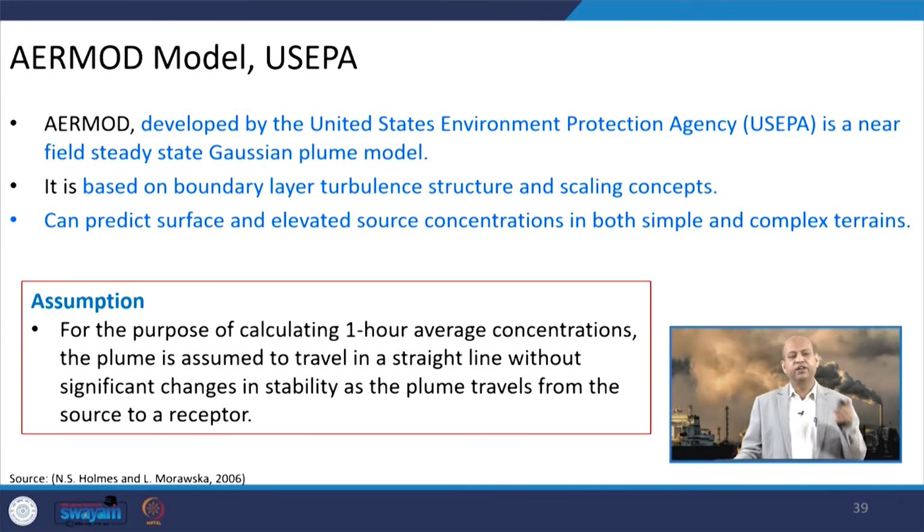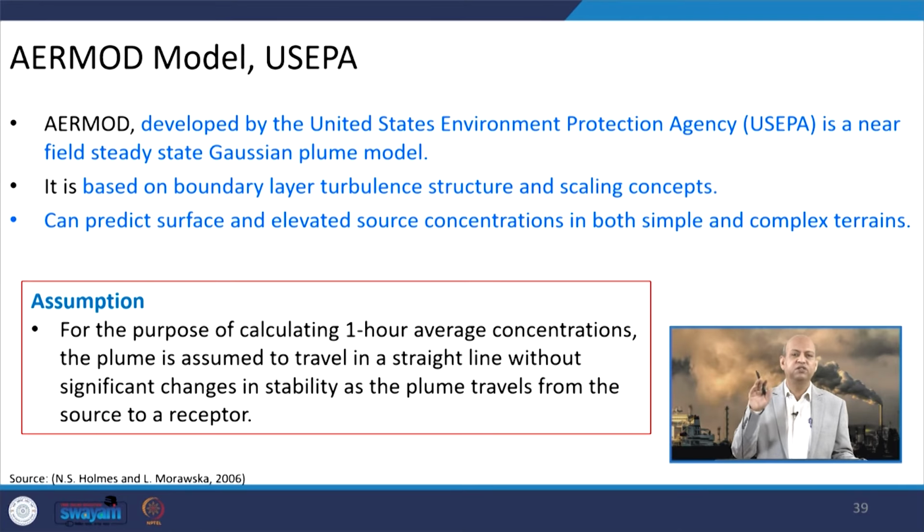Again, like Caline 4, it is also very popular in developing countries, and assumptions are there, like for the purpose of calculating 1 hour average concentrations, the plume is assumed to travel in a straight line, which may not be true because wind direction changes quite frequently, but we assume a straight line without significant changes in the stability as the plume travels from source to the receptor.